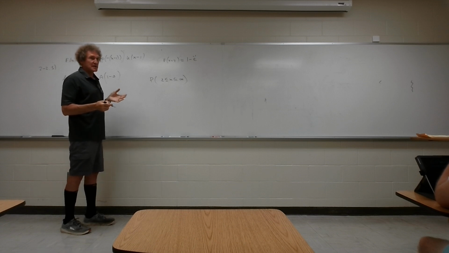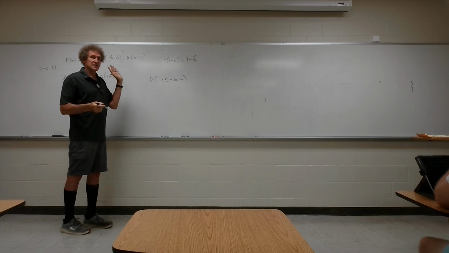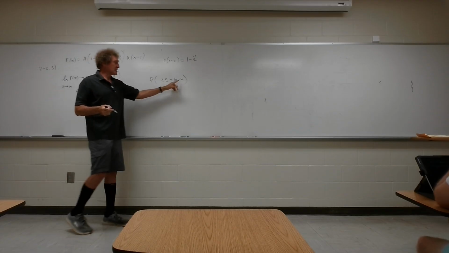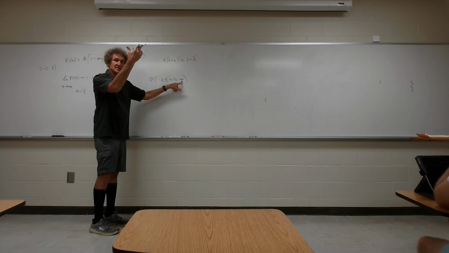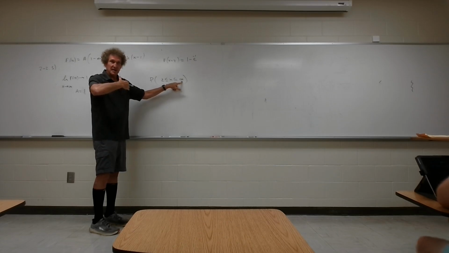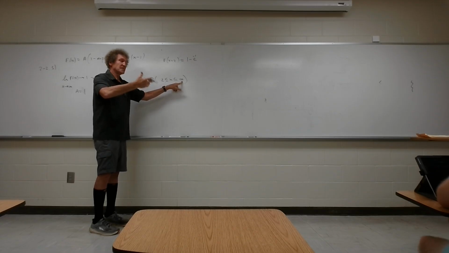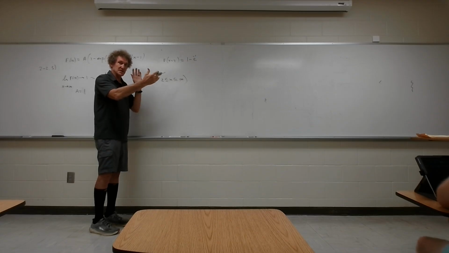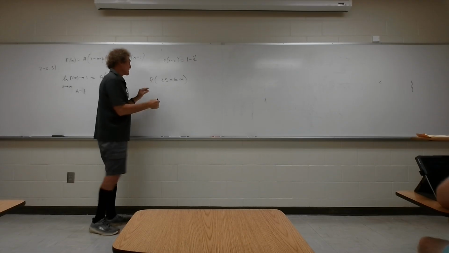Well, if you think about this, and remember what that cumulative distribution function says, we know at infinity, the likelihood it has a value of infinity or less is 1, right? And if you subtract from that the probability that it has a value of 2 or less, then you would get the range between 2 and infinity. Do you agree with that? This is one way to do it.